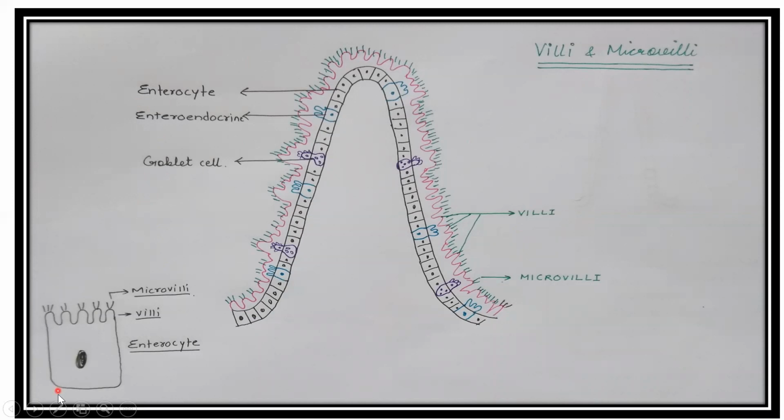This on the side is a smaller, microscopic depiction of the enterocyte. So if there are enterocytes on the top, we have these pink colored structures, that is the villi. And interestingly, on the top of these villi we have the microvilli.